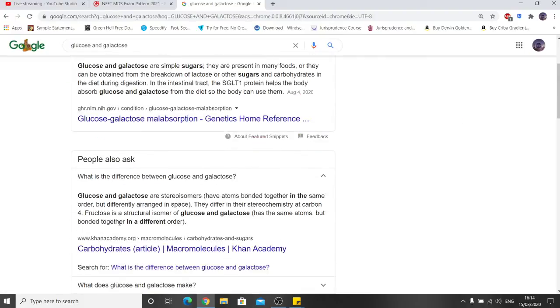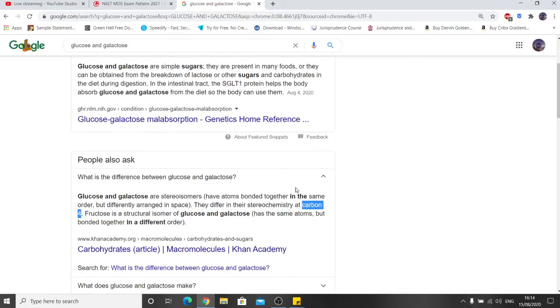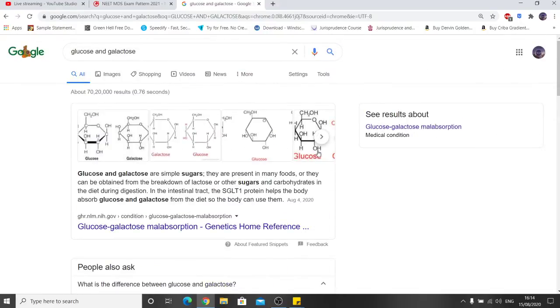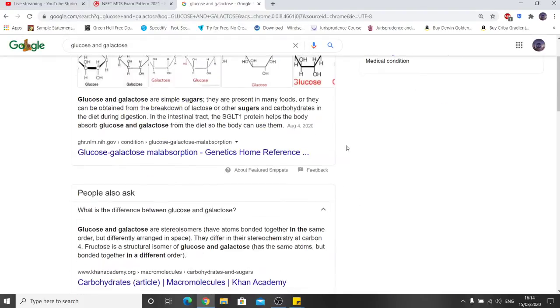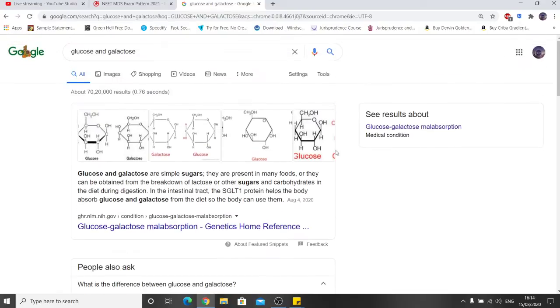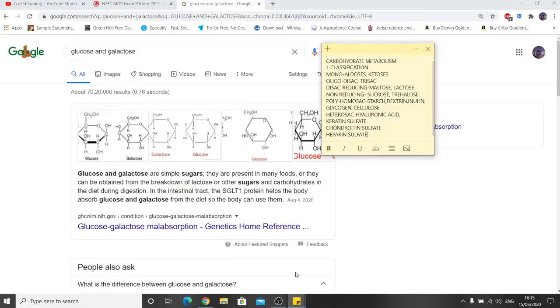In their fourth carbon atom. One is present to the right and one is present to the left. One is levo and one is dextro. See the difference here. That's the only thing, because they resemble each other in their structure in each and every carbon atom except one specific carbon atom, they are called epimers.